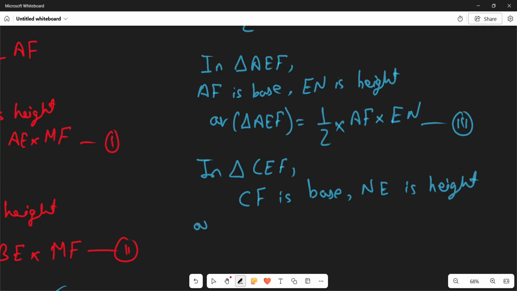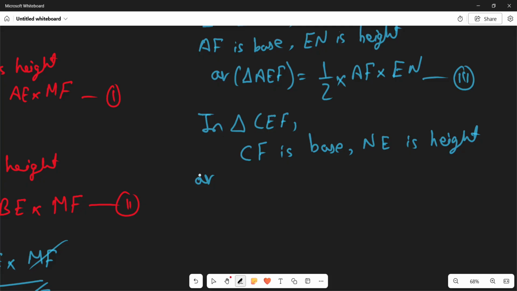So area of triangle CEF equals half into CF into NE. This will be the fourth equation.